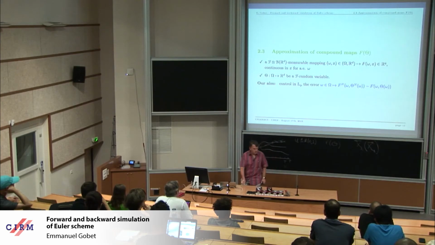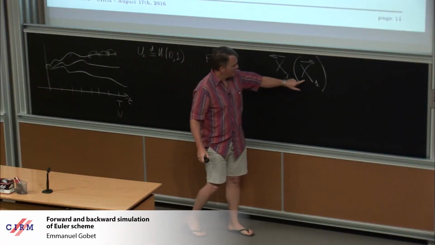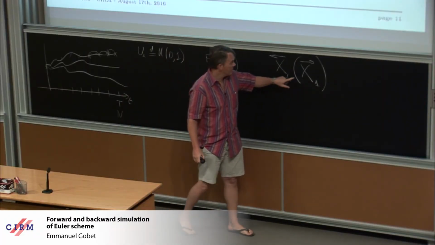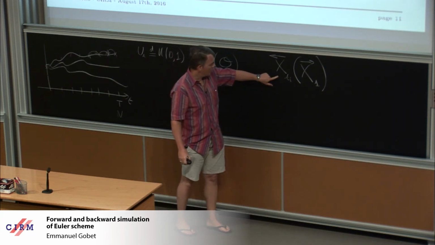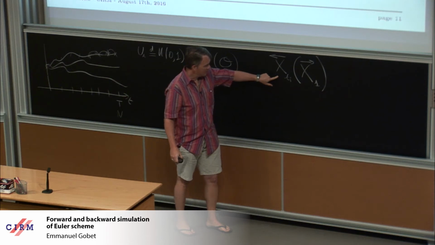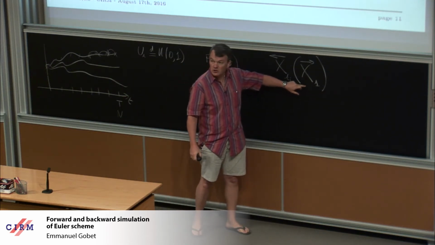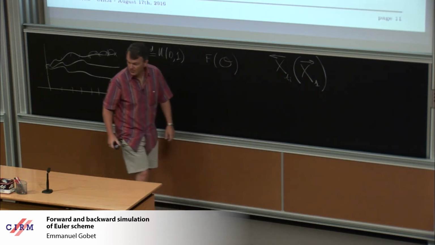So the theta will be the forward Euler scheme, and the random map will be the backward Euler scheme parameterized by the initial point.